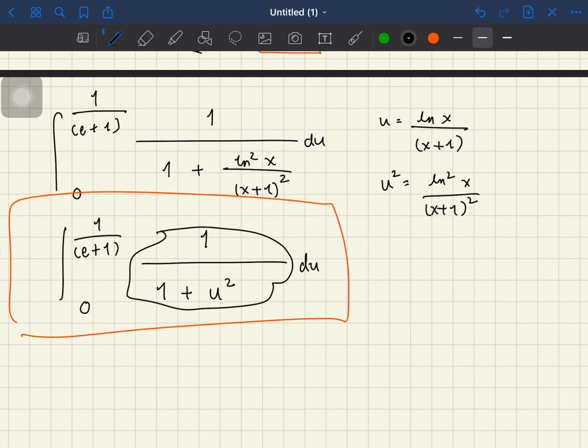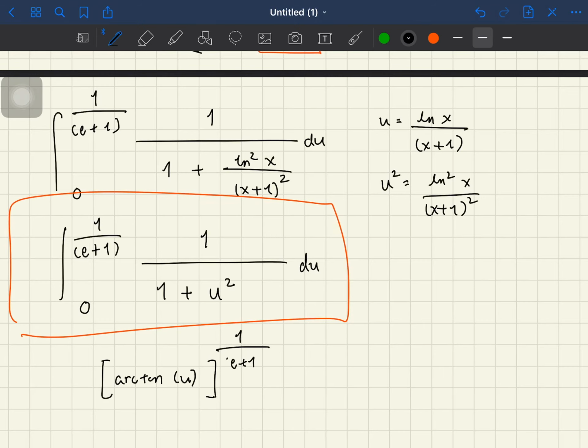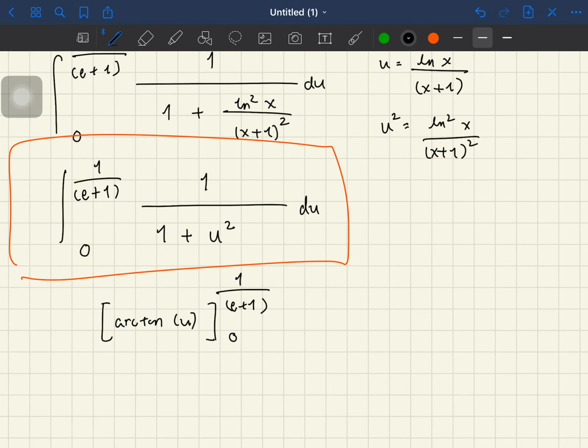We can actually just integrate this by knowing that this is nothing but arctangent of u, and then from the boundary of this to this, and then you will have as a result arctangent of 1 over e plus 1, and QED.